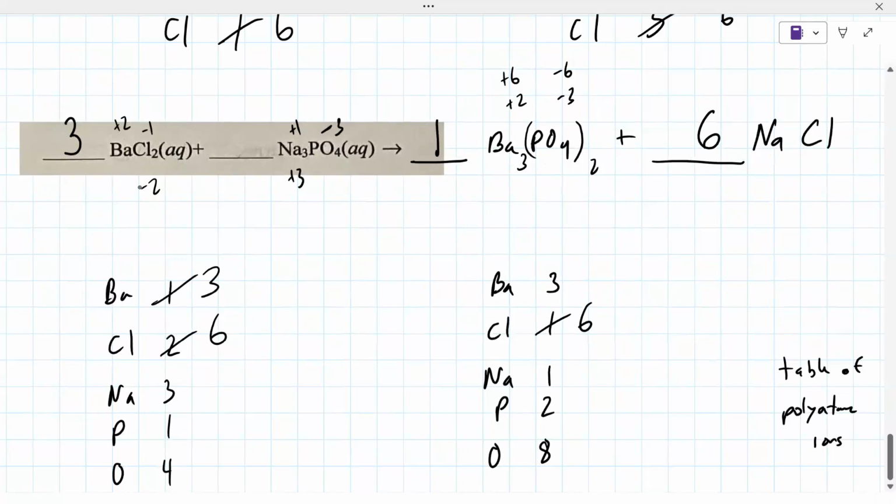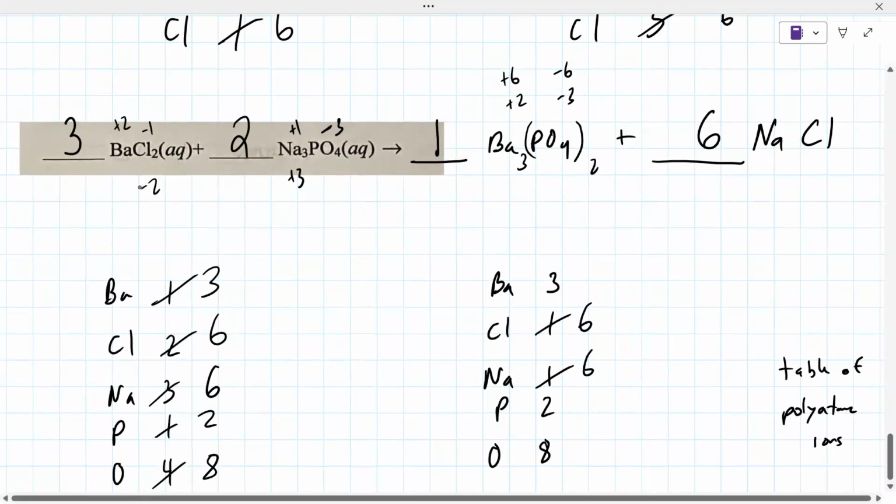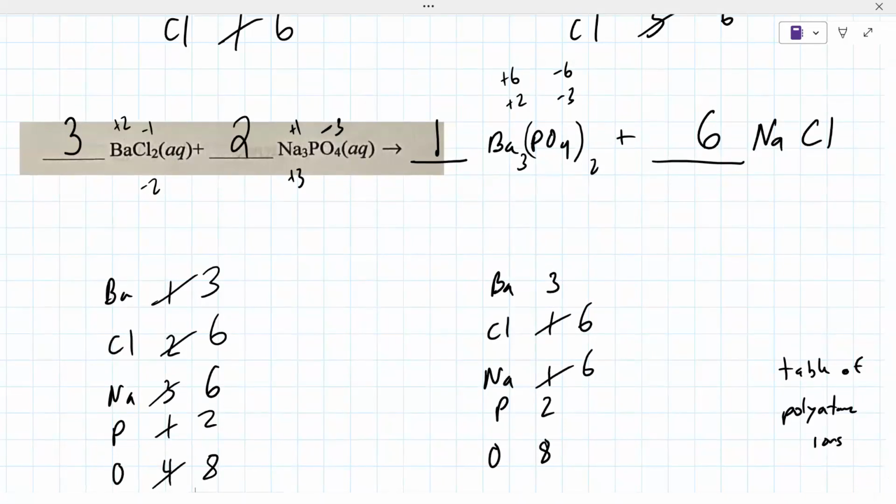So you multiply that by six. And then to get this one to 6, you've got to multiply by 2. But that gives you 2 P's and 8 O's. And does that match? Yeah, it does. Excellent.